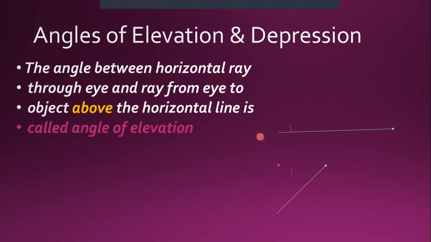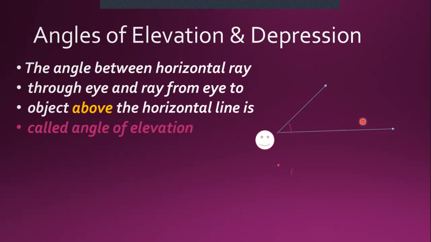And this is the ray from eye to object. Now I have used this to show the eyes. This is point O as well, and you can see that here we are standing and we are looking at an object which is above the horizontal line.